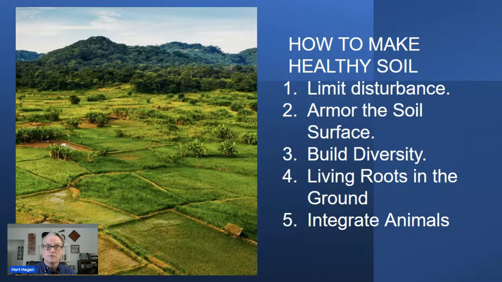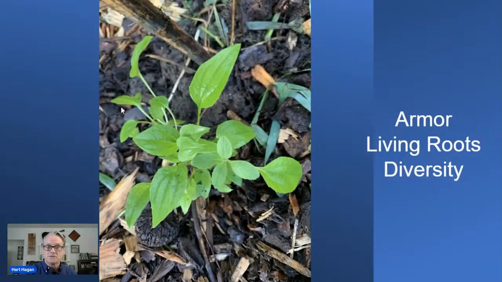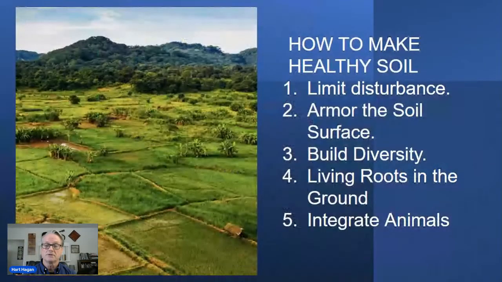Number two, armor the soil. I will be showing you how I armor the soil, which is in this picture here. You can see wood chips that cover up what would otherwise be bare dirt. So principle of soil health number two, armor the soil. Principle of soil health number three, build diversity. I will show you in my home landscape how and why I build diversity.